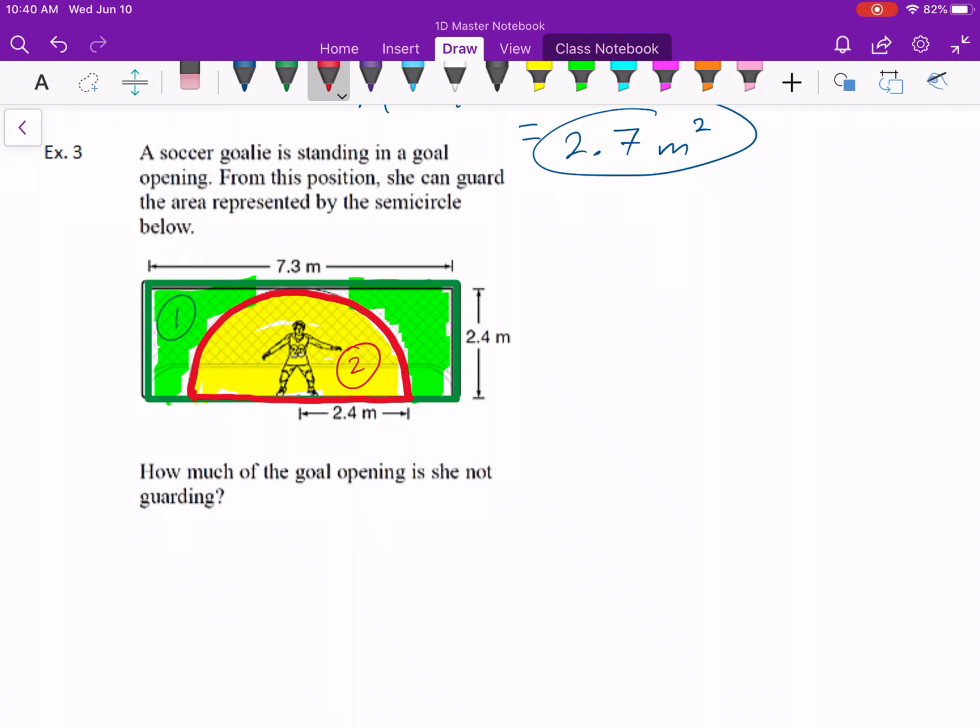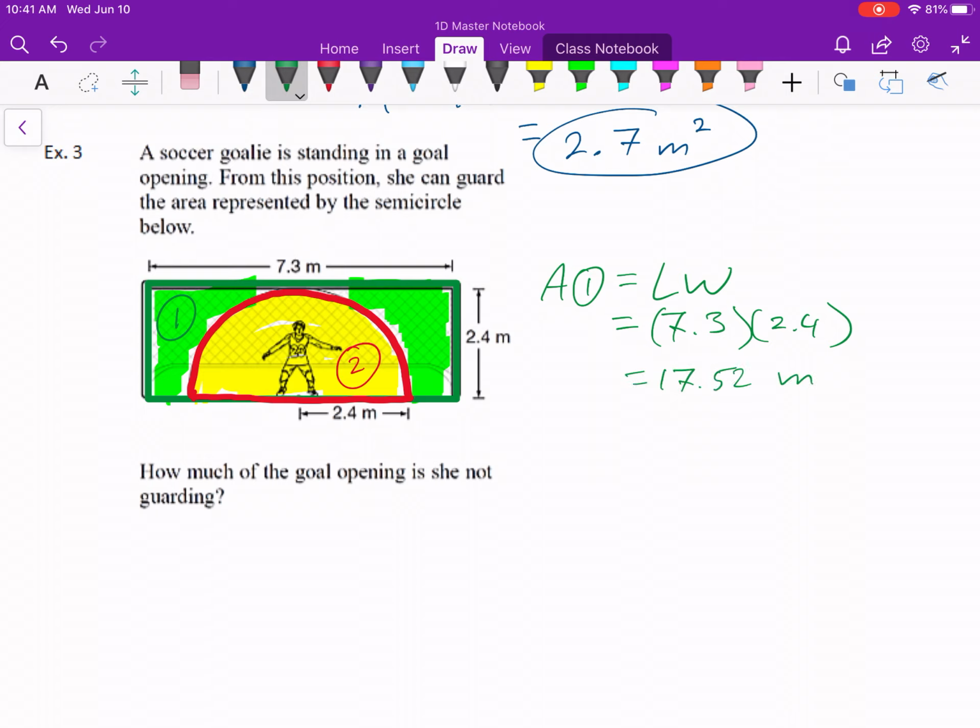And area 1 is just a rectangle, so that would be length times width, which is 7.3 times 2.4, which is 17.52 meters squared. Area 2, as we already saw, is half of a circle, so it's going to be pi r squared.